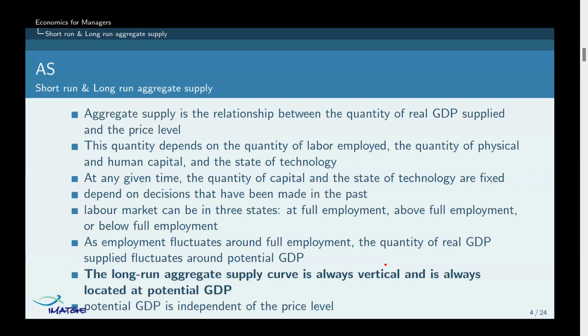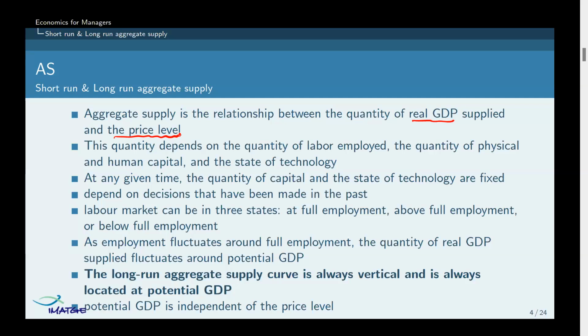Okay. So in general, aggregate supply is the relationship between the quantity of real GDP supplied and the price level. You can call it the aggregate supply curve. If we are talking about a curve, remember we can present data in a spreadsheet, right?